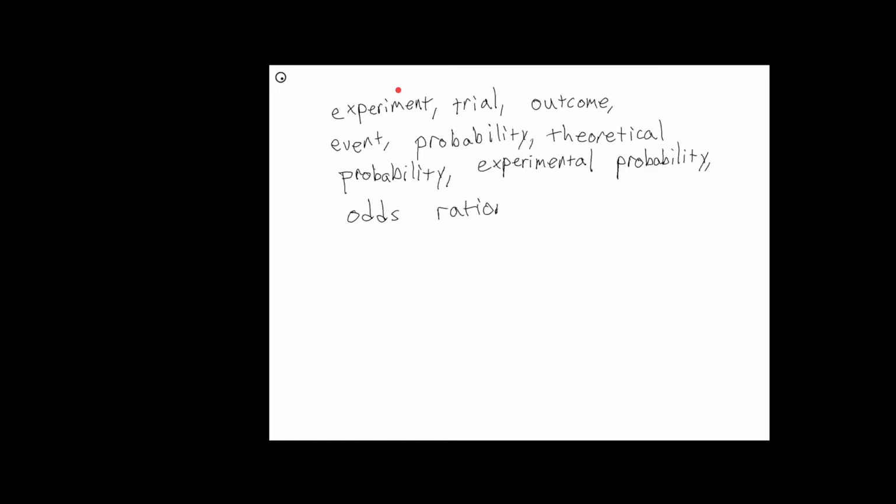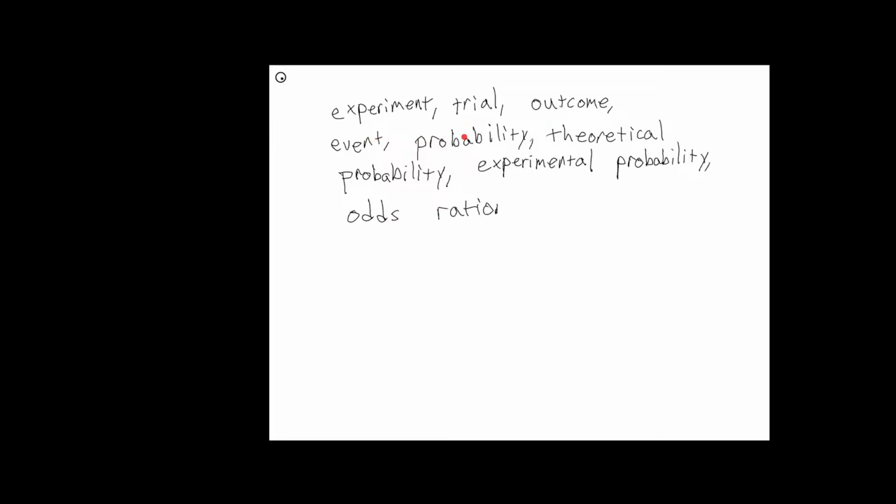Okay, an experiment in math class is some random event that allows for different things to happen. When we allow an experiment to run one time, that's called a trial. A specific thing happening in the experiment is called an outcome. Some collection of things happening, or some collection of outcomes, is called an event.